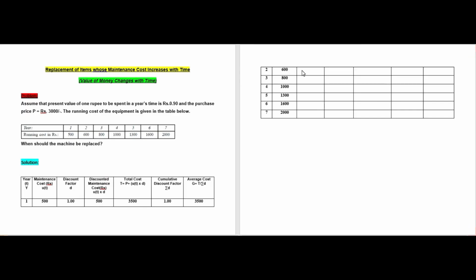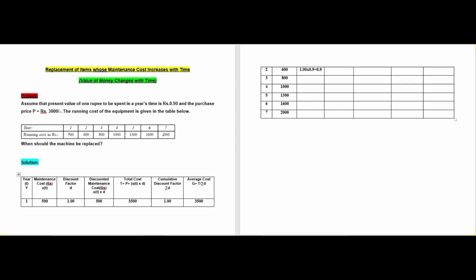For the second year the maintenance cost is 600 rupees, and the discount factor is the previous year's discount factor into the given discount factor 0.9, which equals 0.9.